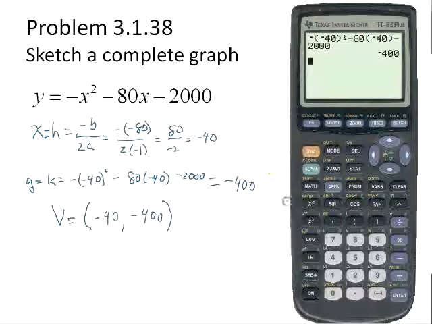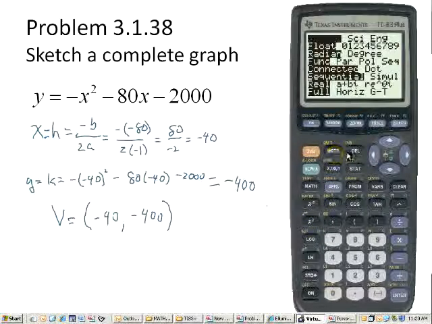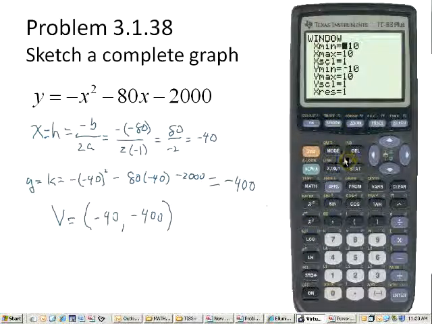Back to the calculator. Looking at the calculator, we want to go to the window, and we need to get our vertex, so we need to get much smaller than this negative 10.